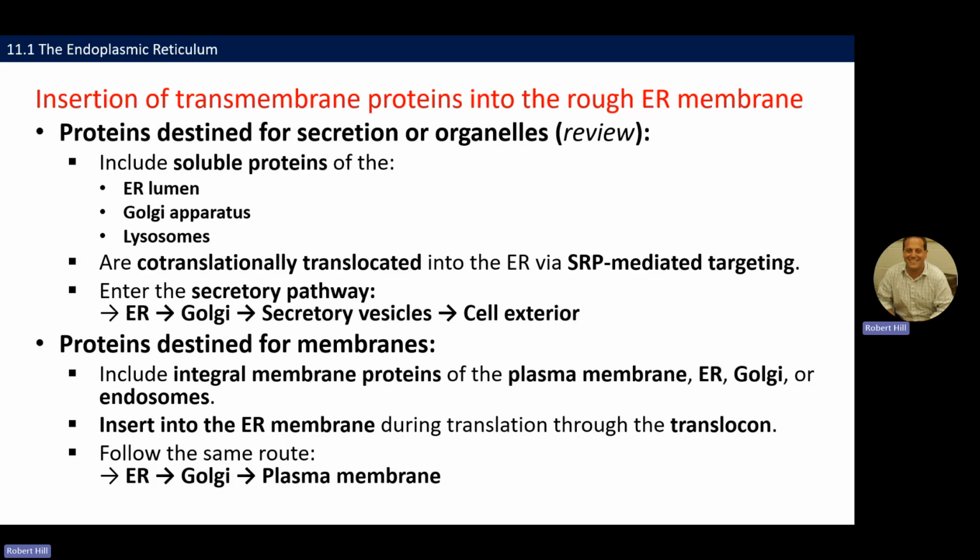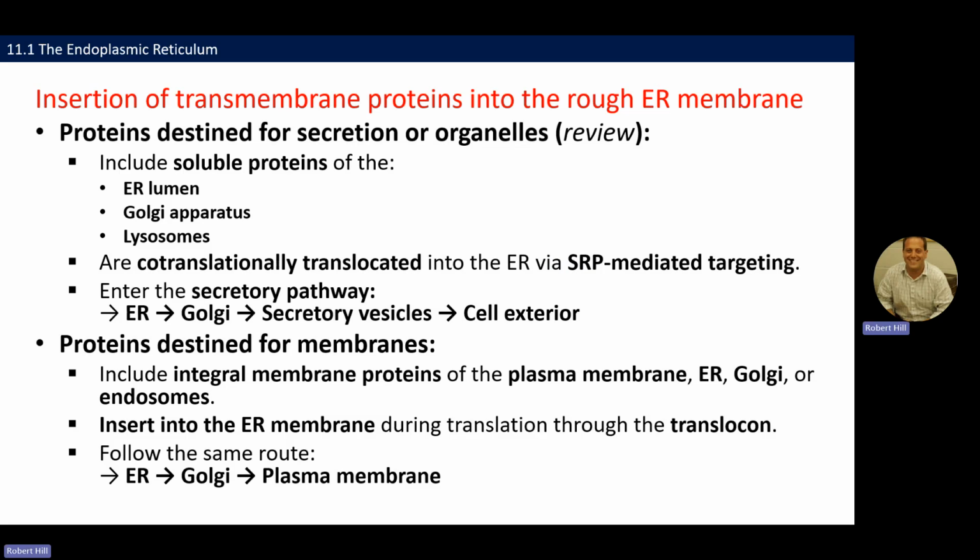So the environment in the cytoplasm is the same all throughout the cell, right? The basic chemistry is similar. But the environment inside the lumen of the ER is very different from the cytosol, and it is actually more similar to the environment outside of the cell than it is to the cytosol. Okay?